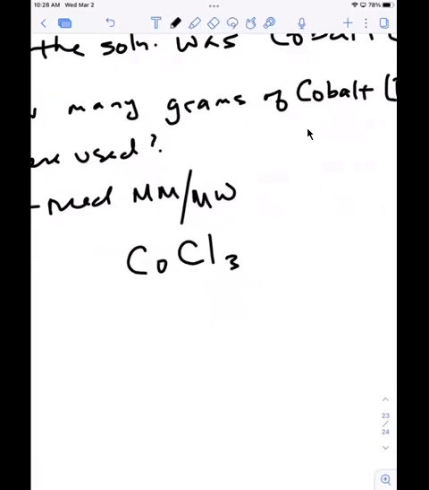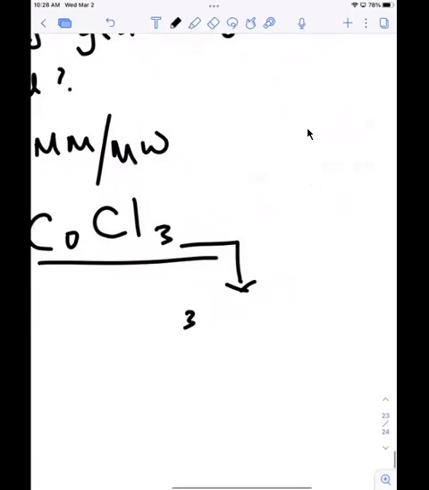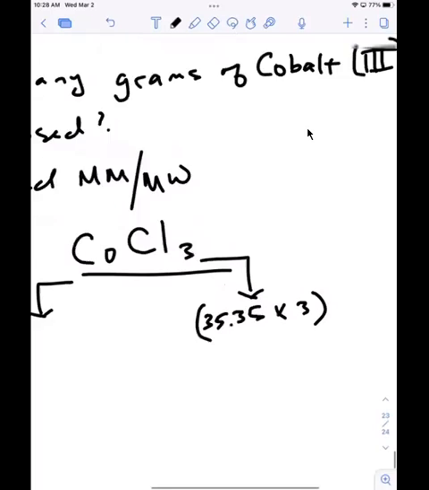Yes. I agree 100%. Cobalt 3 is cobalt 3 plus. Chloride has a -1 charge. So this is the formula. Now we need the molar mass. We just need the atomic masses of cobalt and chlorine. Chlorine is 35.35, and we're going to multiply that by 3 because there are 3 chlorines present.